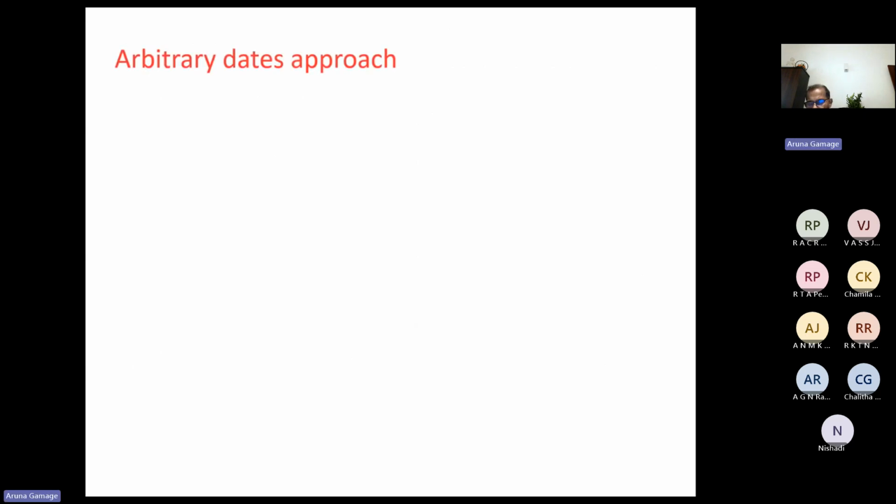Then arbitrary date approach. Arbitrary date means not a fixed specific date, so different dates for different employees, not on the same day. Normally, the anniversary date is considered for the evaluation date. Anniversary date means the date of hiring. We are following the Western model of human resource management, so we hire people throughout the year.